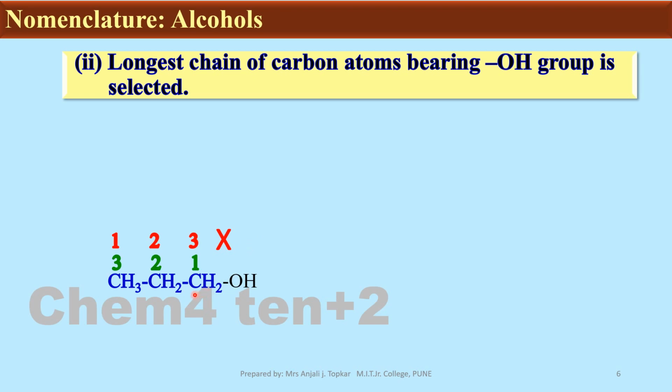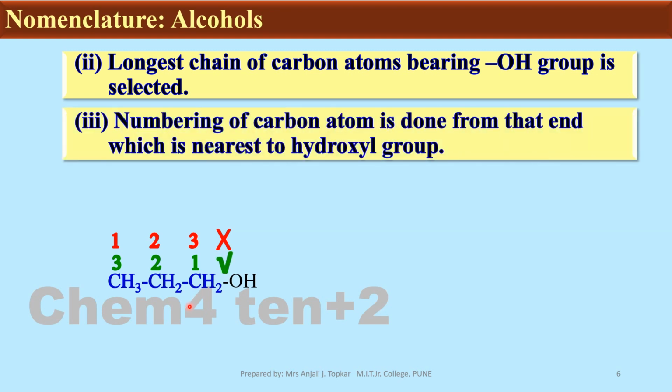We should number the carbon atoms in this way and start from that side where OH group is attached to the first carbon atom, as it can be seen here. Third point is numbering of carbon atom is done from that end which is nearest to hydroxyl group. So as you can see here, hydroxyl group is closest from this carbon atom and not from this carbon atom. So this is the correct way of numbering.